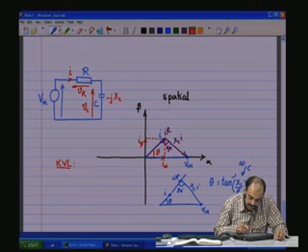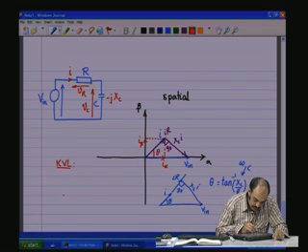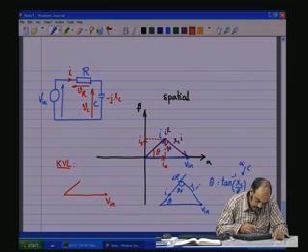We have the input vector, we have the voltage across R, VR, and we have the voltage across the capacitance, VC. So, we have V in, we have VR, and we have VC, and this is 90 degrees.